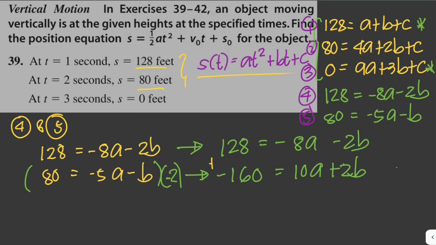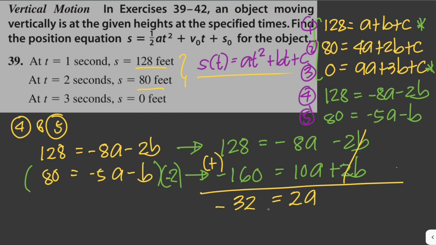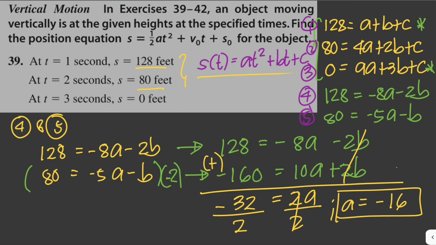Then we add the two equations to eliminate b. And we have 128 minus 160. So this is just negative 32 equals 2a. Now we can solve for the value of a by dividing both sides by 2. Therefore, the value of a is equal to negative 16. Now we can solve for b.